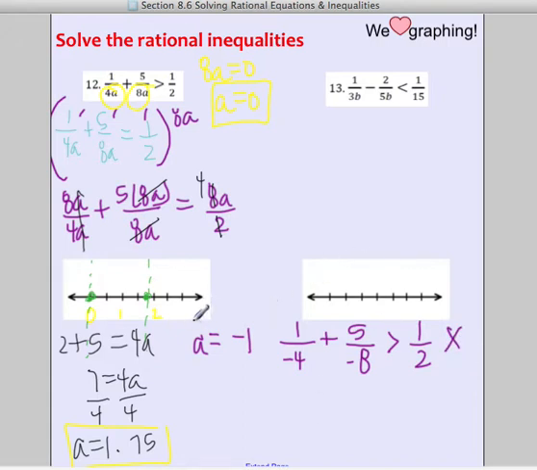Then I move on. Now I'm going to check something in between these two. Something in between 0 and 1.75 would be a equals 1. I plug in 1 for a. So I'd have 1 over 4 times 1, which gives me 1/4, plus 5 over 8 times 1, which gives me 5 over 8.